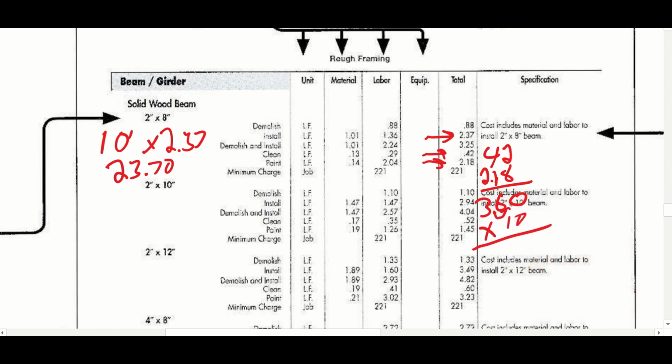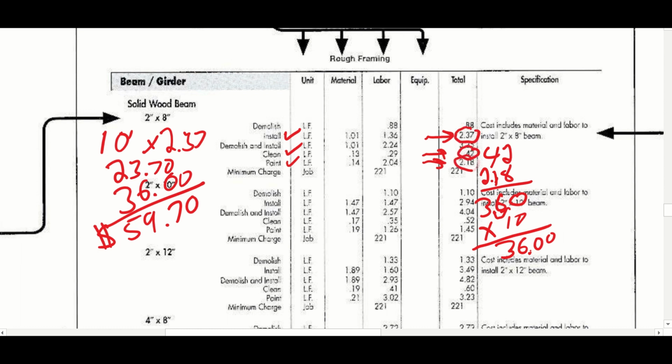So basically we just move the decimal point over, so that's $36. Our total charge, if we were to install, clean, and paint a 10-foot 2-inch by 8-inch beam would be $59.70. So I took these three amounts, the install, the clean, and the paint, multiplied that by 10, and that's what I got.